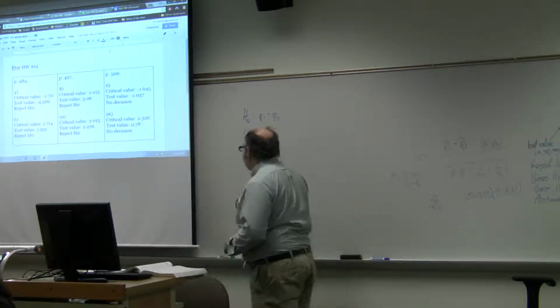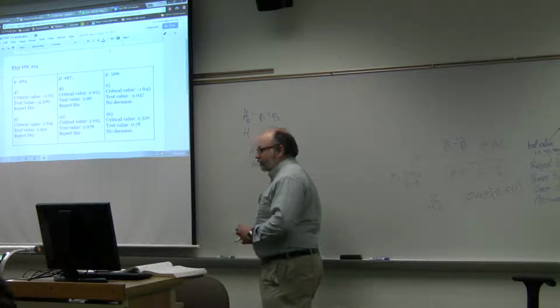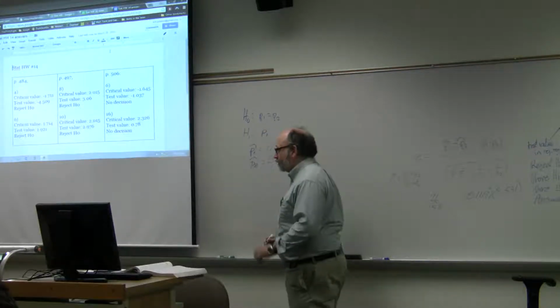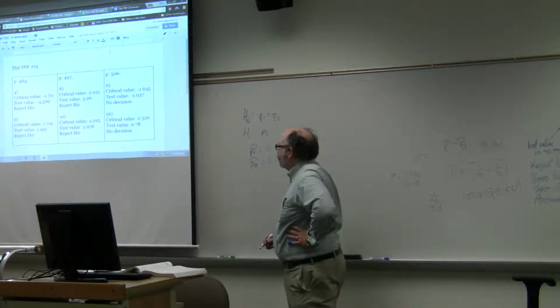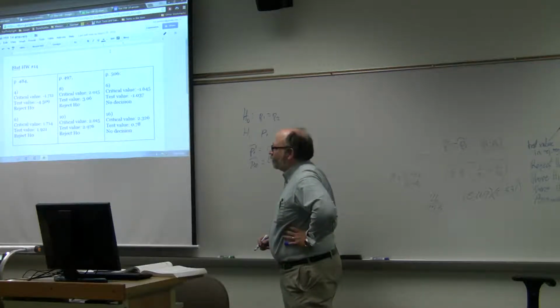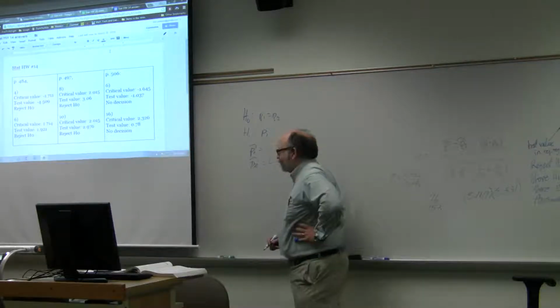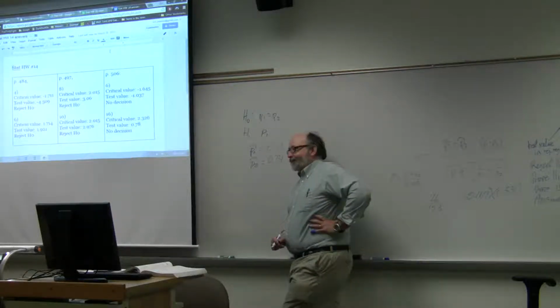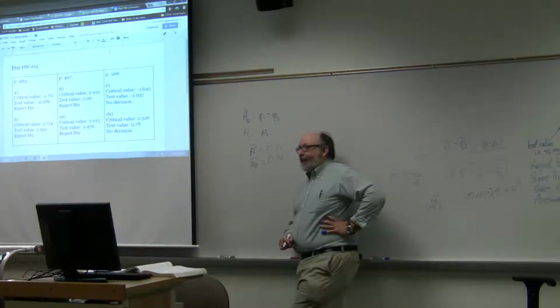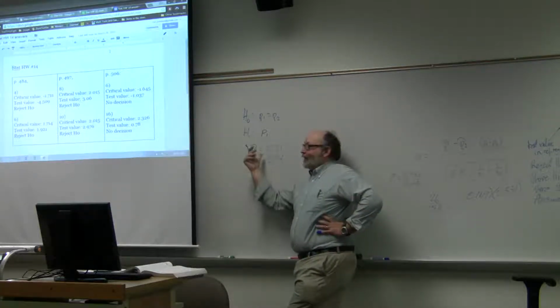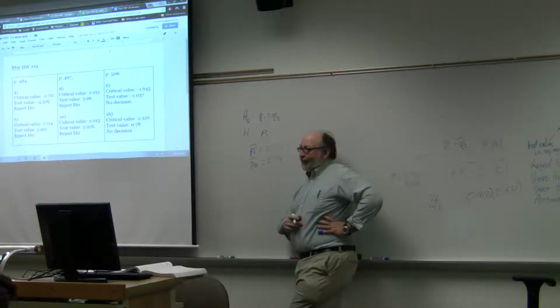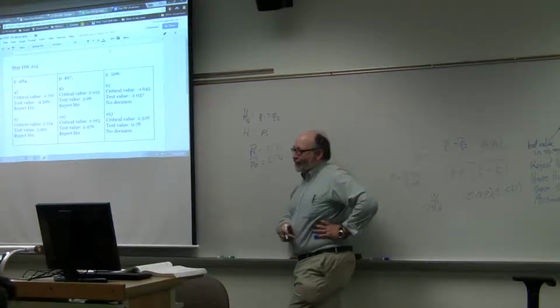So what's your alternative hypothesis then, Alex? P1 is... Okay, you were good when you were looking up here at the board. You were comparing these two numbers right here. P1 is less than P2.